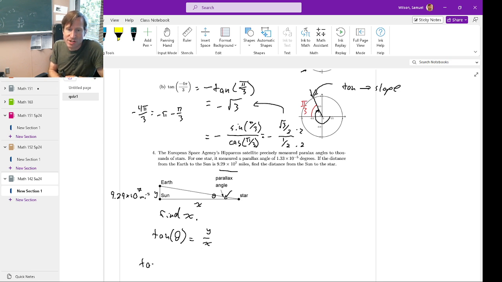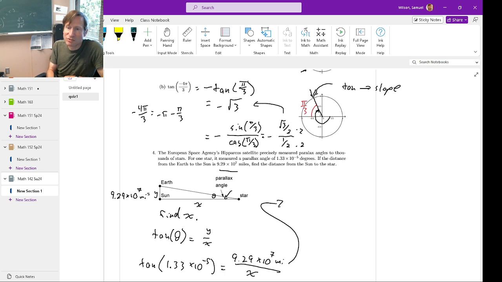So tangent of the angle, which is 1.33 times 10 to the negative 5th, is equal to 9.29 times 10 to the 7th miles divided by x.